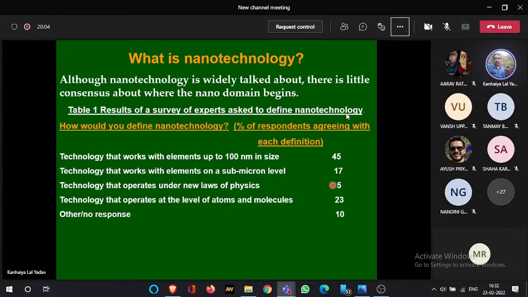But a metallurgist will say up to 250 nanometers is nanotechnology or nanomaterial. So this depends on the perception of the people working there, but generally it is taken that up to 100 nanometer size is nanomaterials.